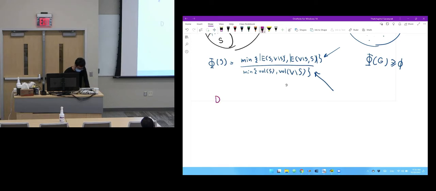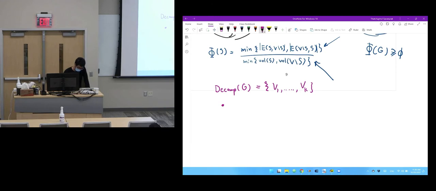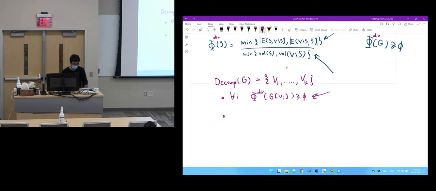If you return the decomposition of this, you will get a collection of nodes again, such that for each part, maybe I put directed here, and directed here, the directed expansion of each part is at least 5. And this should be the case anyway.